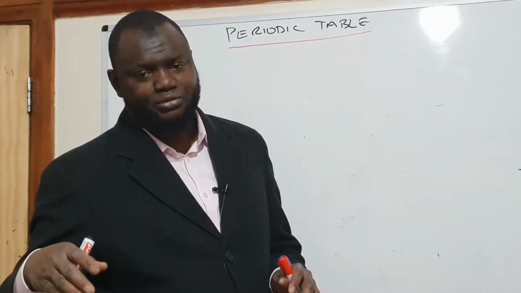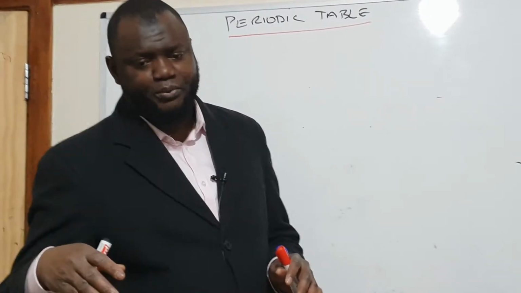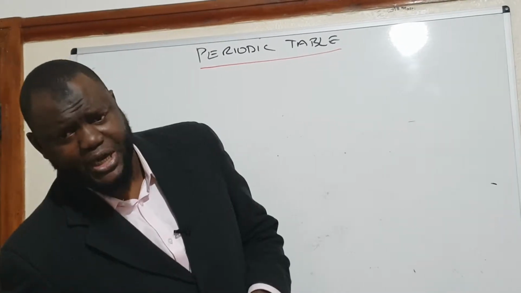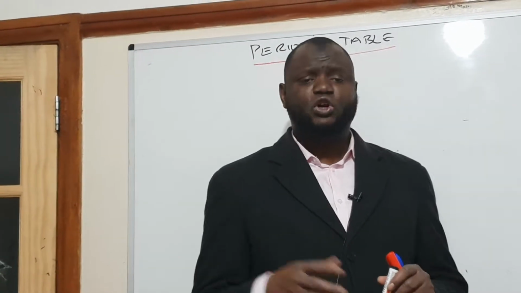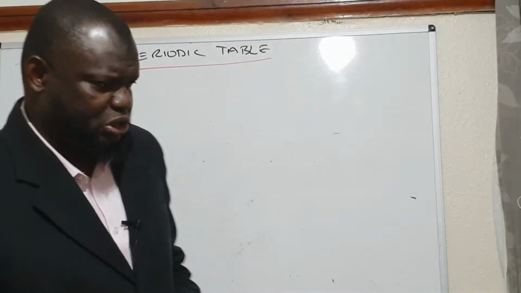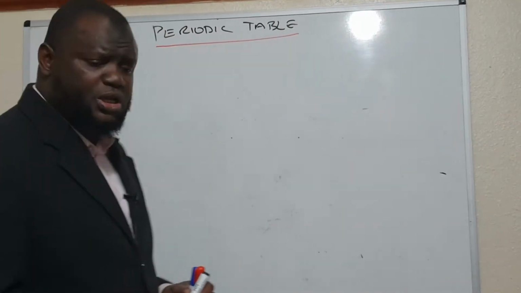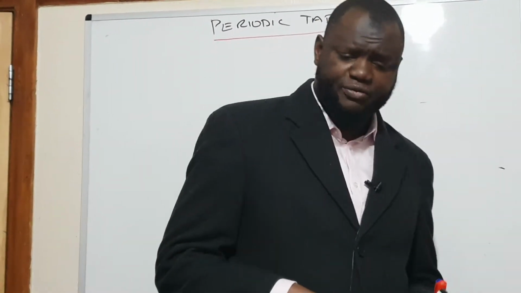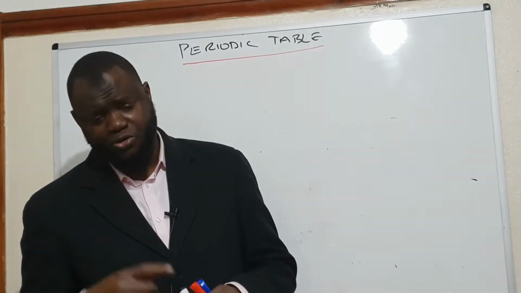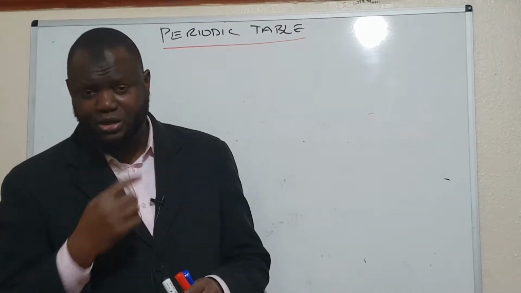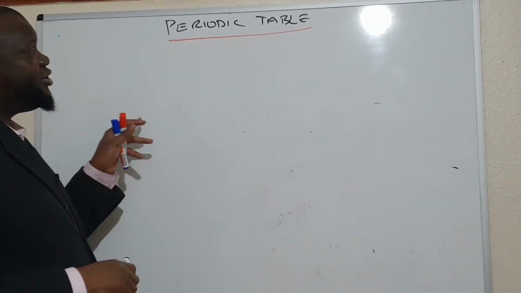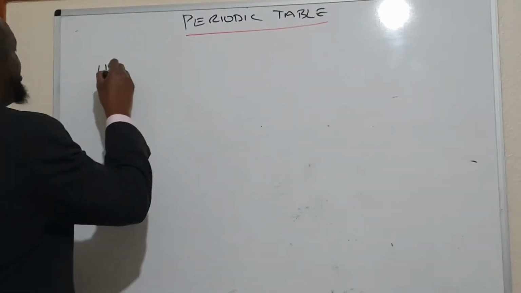Group 5, the first one is nitrogen. Then group 6, which starts with oxygen, and group 7, which is fluorine and chlorine. Group 6 is oxygen, isn't it? Yeah, that's right. Now we want to look at, first of all, the history of the periodic table.